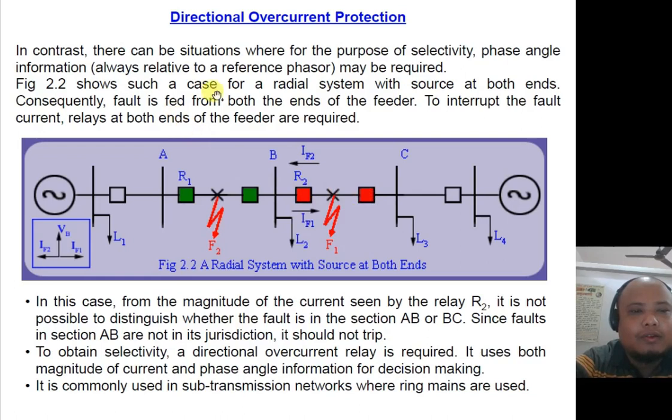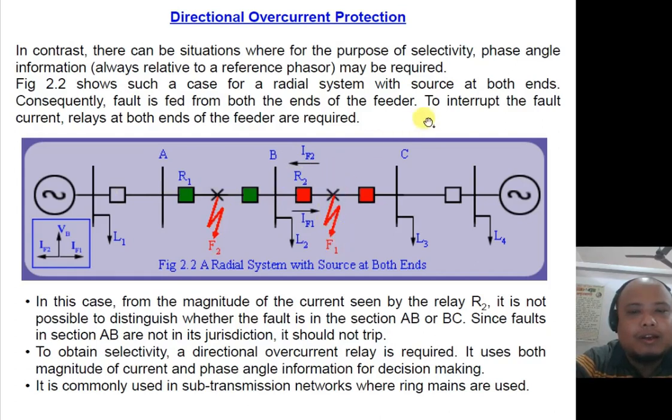Okay, so this shows a radial system with a source at both ends. Consequently, the fault is fed from both sides. If there is a fault at F2, current will flow from this source to the fault as well as from this source to the fault. Similarly, if a fault appears at F1, current flows from both sides.